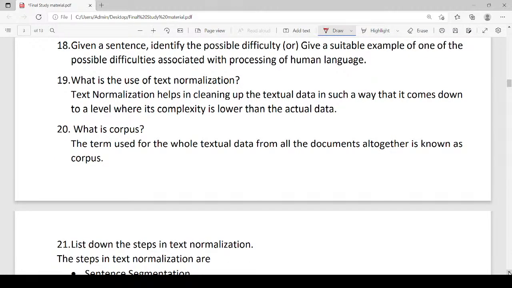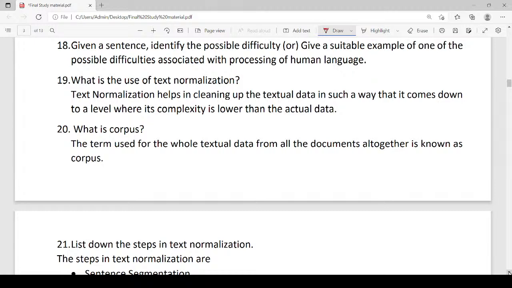What are the steps that are involved in text normalization? List down the steps. How many steps are there? Write it in sequence. Name them. Yes, sentence segmentation, which is the first step. Very good.